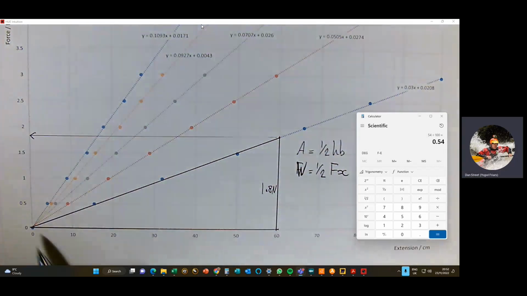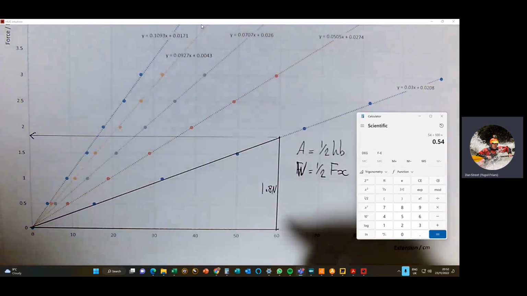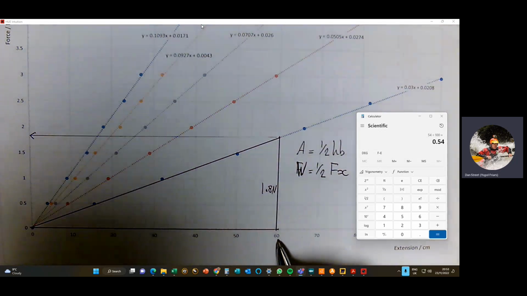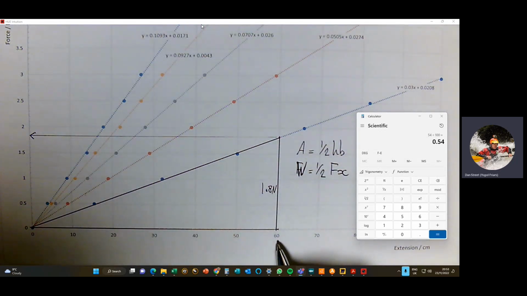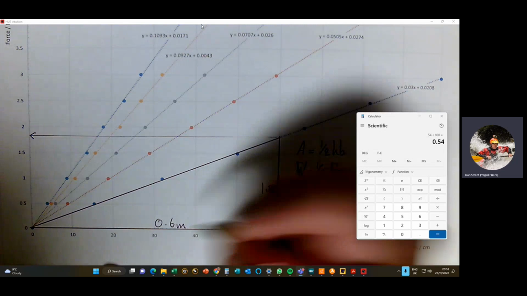The extension is represented by the value along here, and we can see here that the extension is 60 centimeters. Now, what we need to remember, though, is that any distance values for this topic need to be converted into meters. So 60 centimeters, I'm sure you're aware, is the same as 0.6 meters. So this is 0.6 meters.